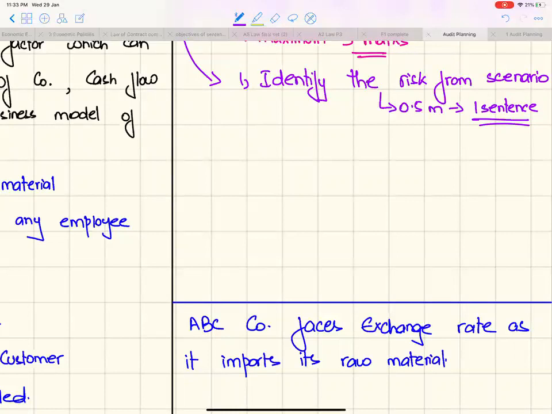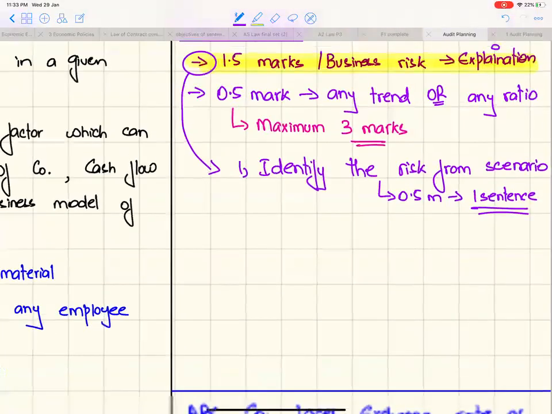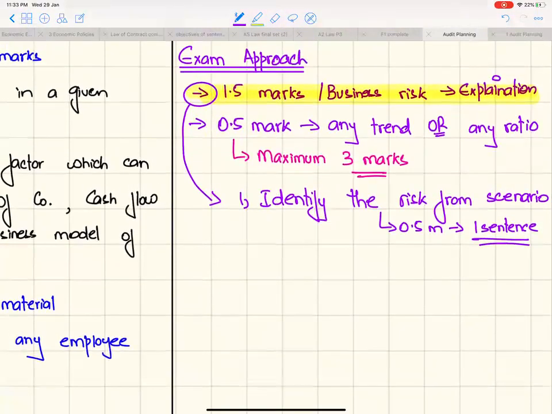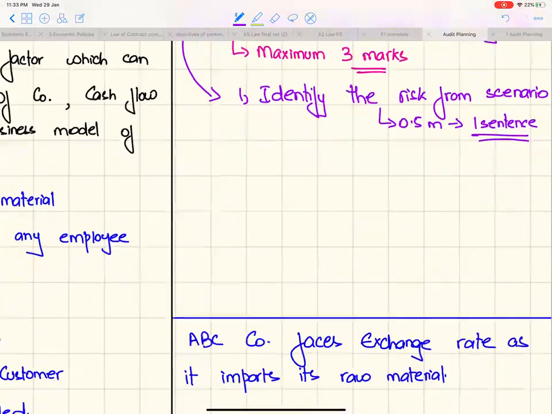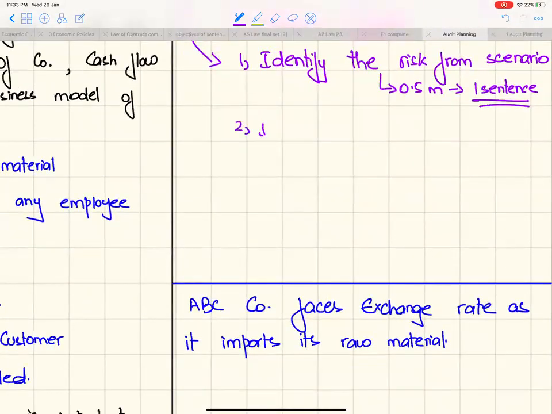So one sentence can be like 1.5 lines or 2 lines. So while writing the business risk, the first step is to identify the risk. The second step is to tell the impact of the risk, that what will happen if that risk materializes.